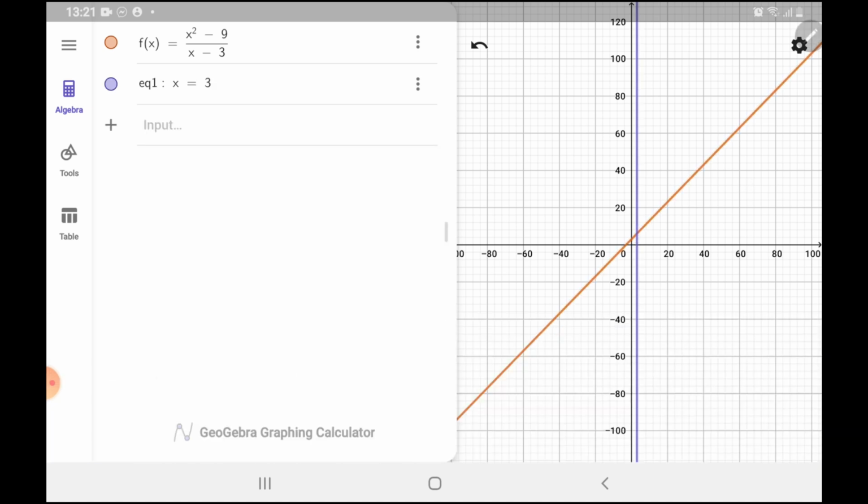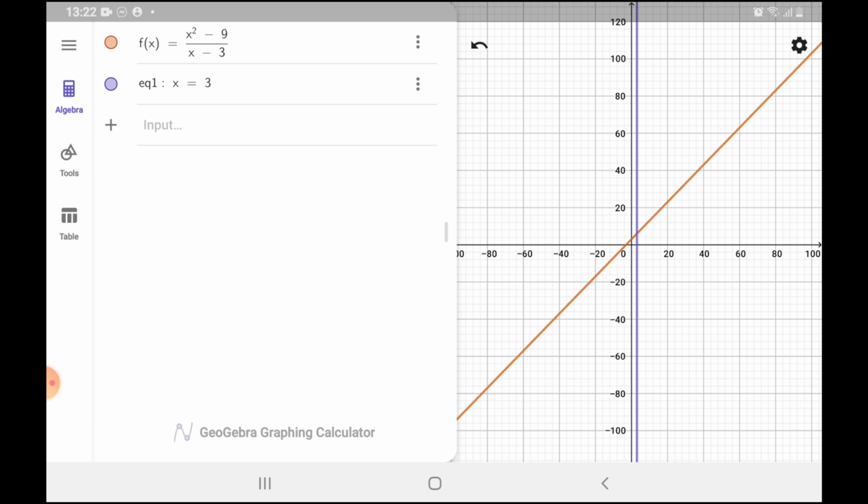Okay? So the concept of limits is to describe how a function behaves near a point, and the point that we are talking about is x equals 3. In order to get the limit at x equals 3, let us modify the equation into its special product form and then cancel the same terms.